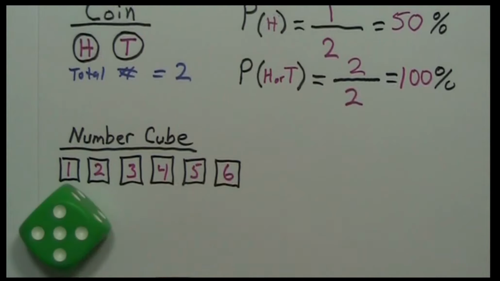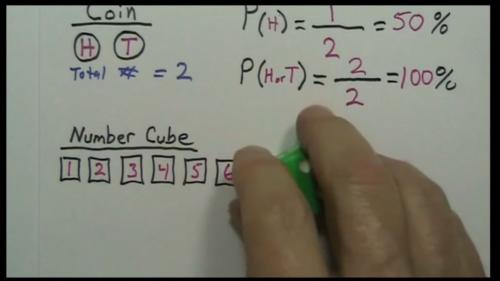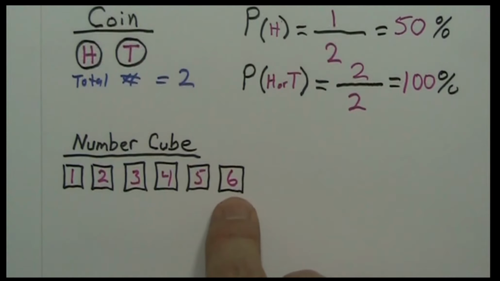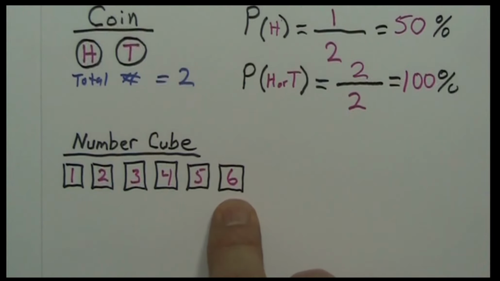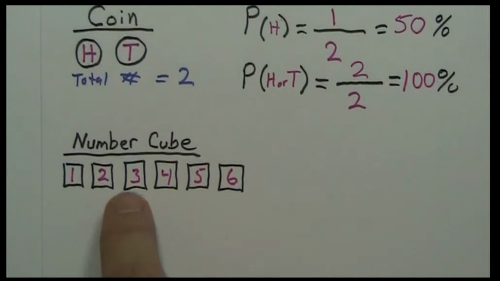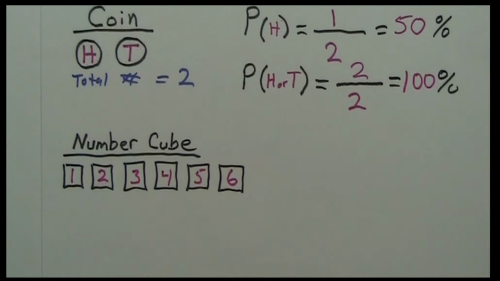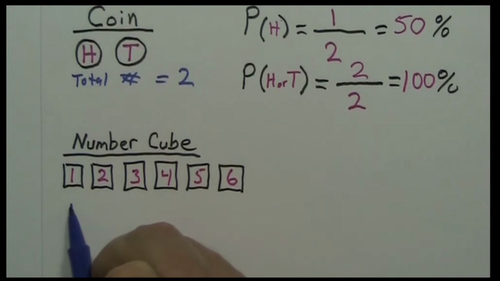So when rolling this number cube or die, there are 6 possible outcomes that you would get. You could roll a 1, a 2, a 3, a 4, a 5, or a 6. Right? So the total number of outcomes is 6. I'll give you time to write that.